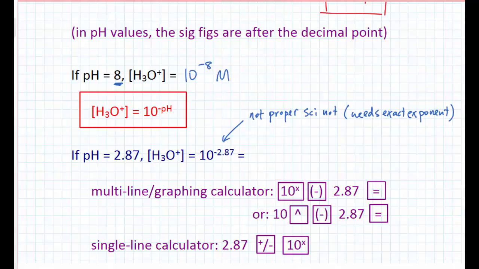On a numerical calculator, though, the single line, remember again, you have to start with the number. On a calculator with just one line, I have to do 2.87. Okay? You have to switch the sign to make it negative, and then you absolutely have to do this second log. Okay? That takes 10 to the power of the number that you've entered.